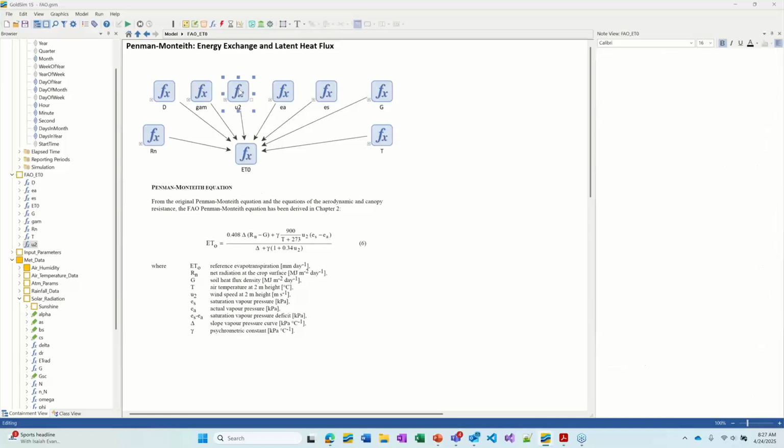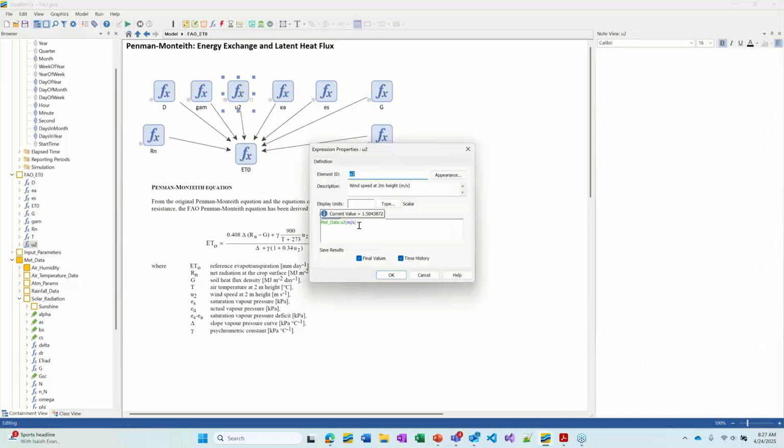And so I've cast the units off. And to do that in GoldSim, you use the vertical bar. That's the key above the enter key. Use vertical bars and then put the correct unit that you need in the equation.